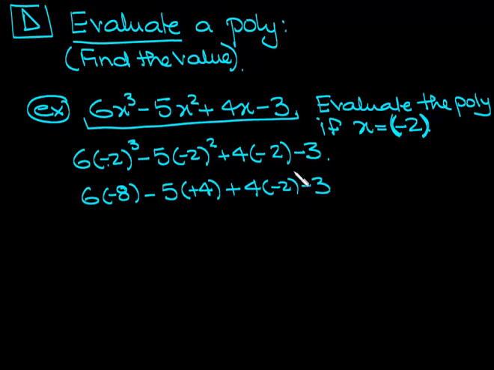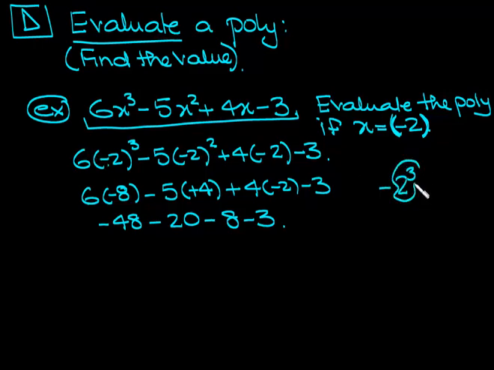Now we do multiplication from left to right, or addition or division. In this case we don't have any division, so let's just do multiplication. 6 times negative 8 is negative 48, minus 20, minus 8, minus 3, and then it's just a matter of adding these numbers up. Now, the thing I want to point out is if I didn't put these parentheses, then when I cube, I would have something like this.